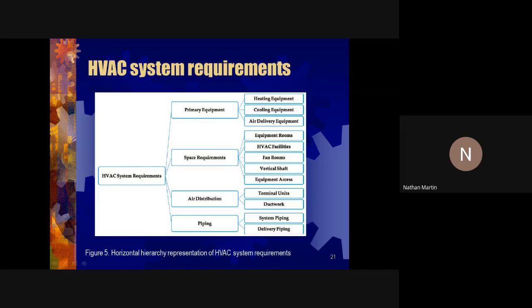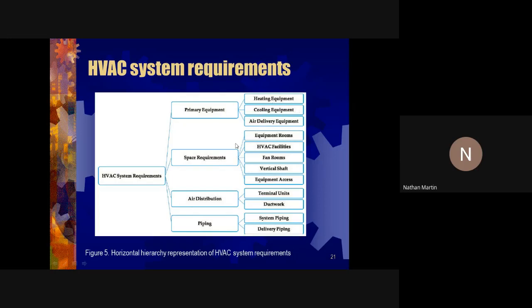So here are the HVAC system requirements, right? The primary equipment, we have the space requirements, we have the air distribution requirements, and we have the piping. Now, under the primary equipment, we have equipment such as heating, cooling, and the air delivery system.